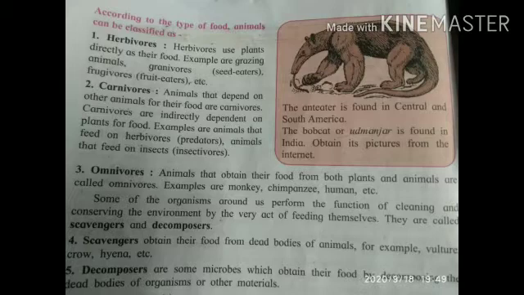Scavengers obtain their food from dead bodies of animals. For example, vulture, crow, etc. Now next one is decomposers. Decomposers are some microbes which obtain their food by decomposing the dead bodies of organisms or other materials.